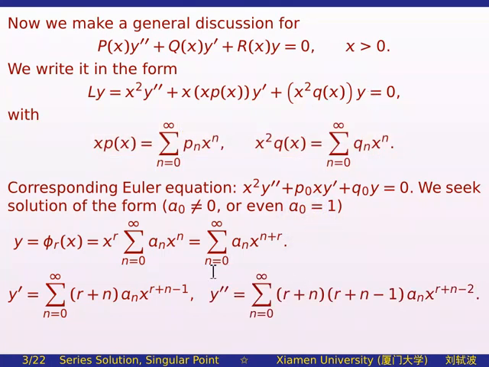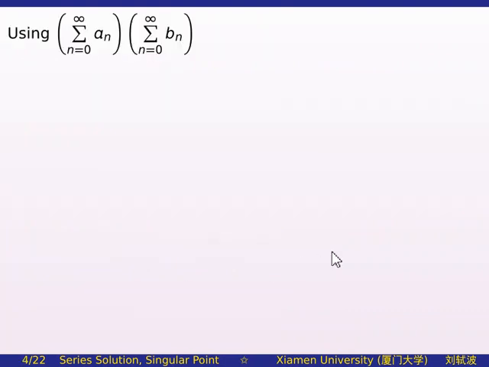To do this computation, for example, here we have a function multiplying y prime, but the coefficient of y prime and y prime itself are all power series. So we need the Cauchy formula for multiplication of two series. If both of these two series are absolutely convergent, we have this formula. The multiplication of their sums is precisely the sum of this new series.